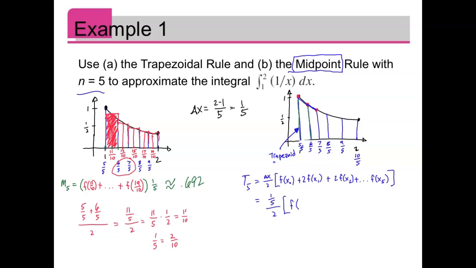And I want to do f of 1 plus 2 times f of 6/5 plus 2 times f of 7/5. And I'll continue with that coefficient of 2 until I get to the last one, which is just going to be plus f of 2, right?